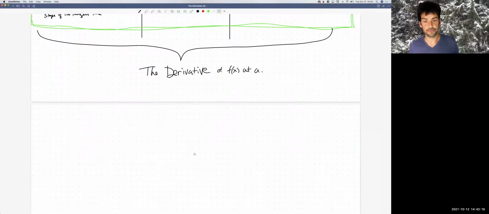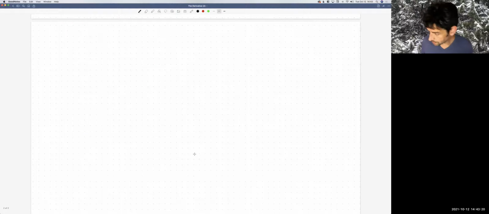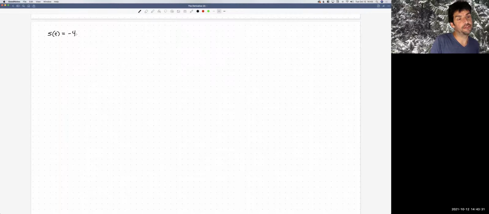Let's do an example, keeping this stuff in mind. Let's suppose I have a function I'll call s of t, which is negative 4.9 t squared plus 19.6 t. Okay, let's say this is the position of an object, in meters.